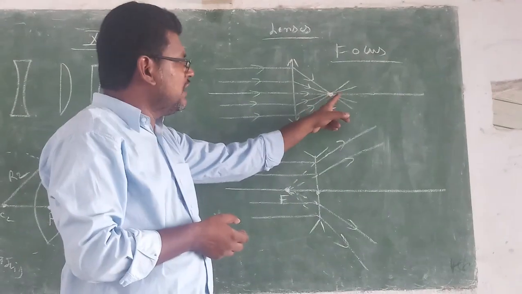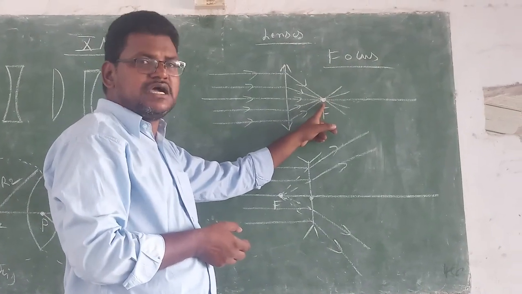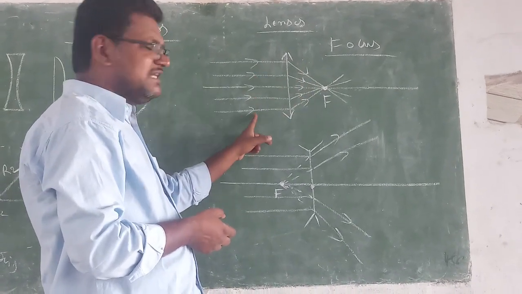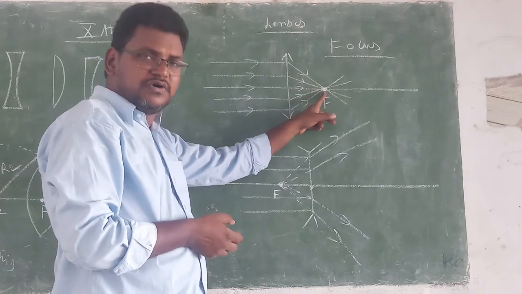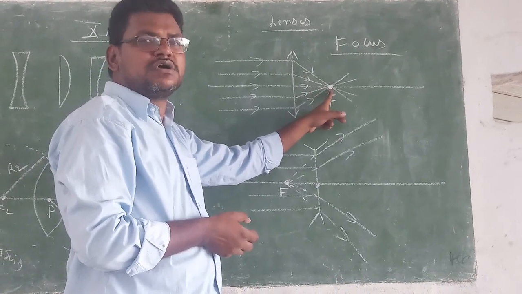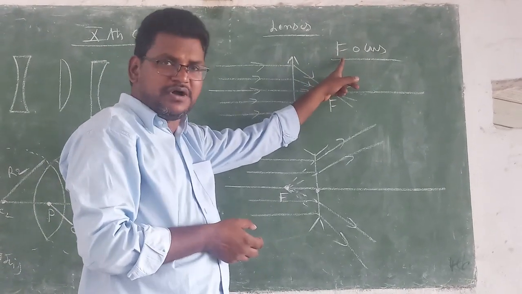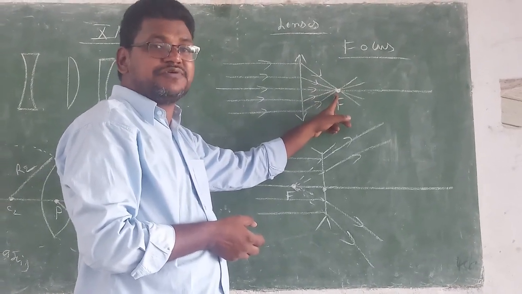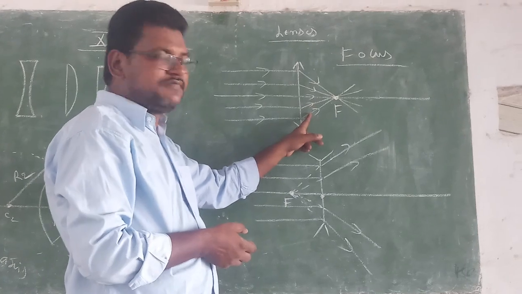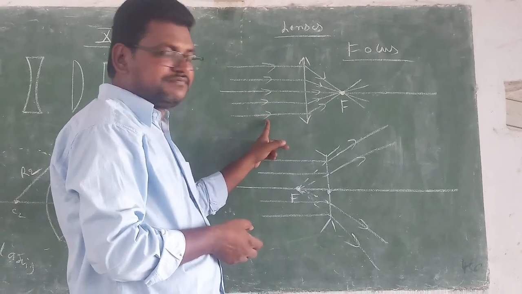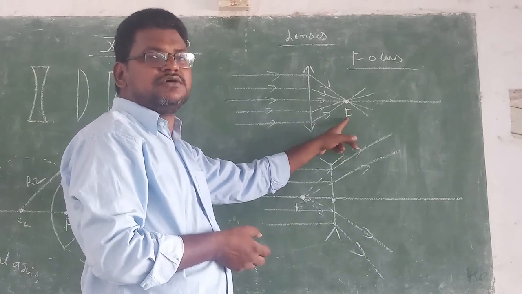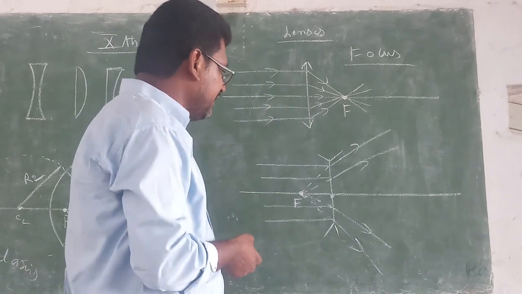The point on the principal axis at which the refracted light rays of parallel incident light rays converge is called a focus or a focal point.